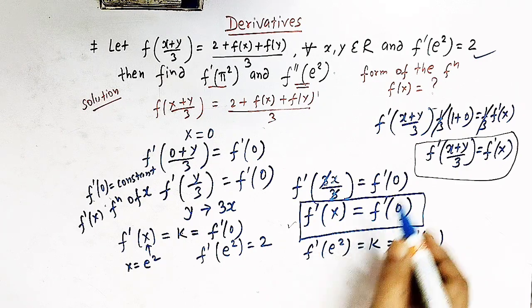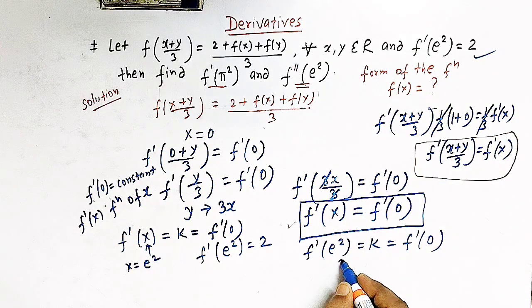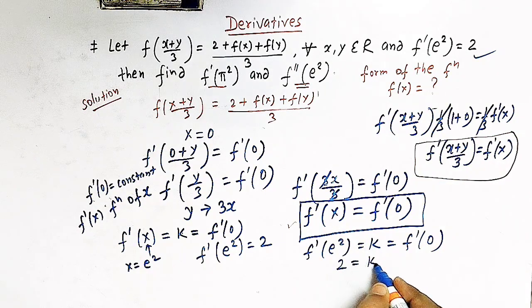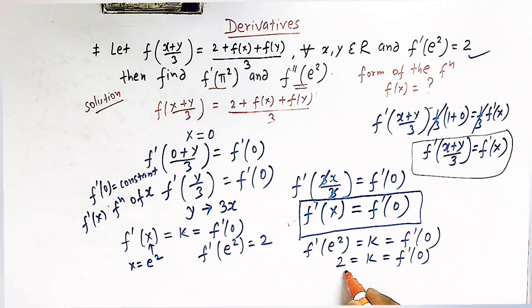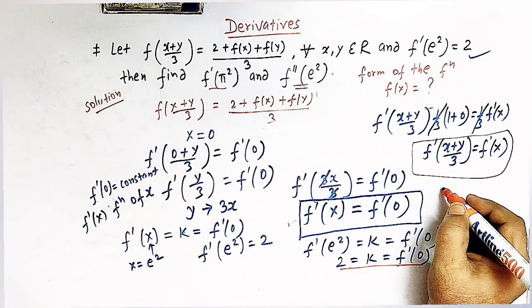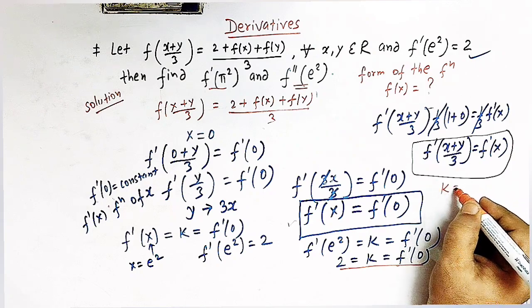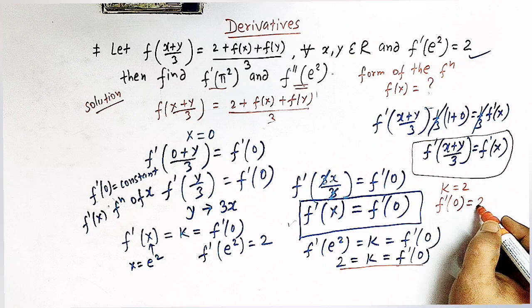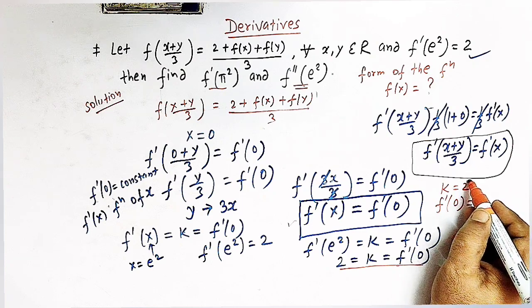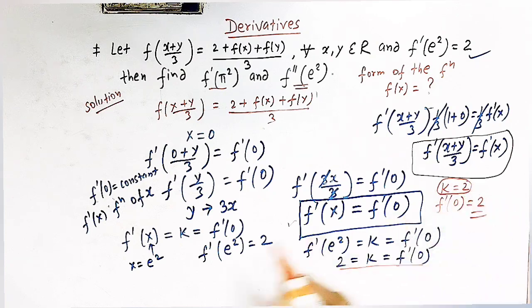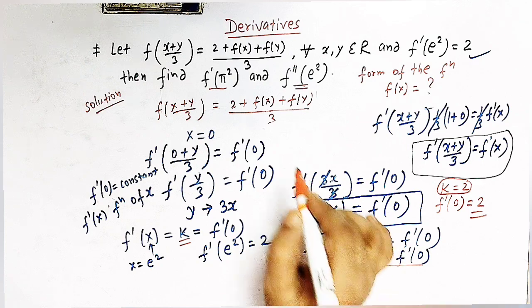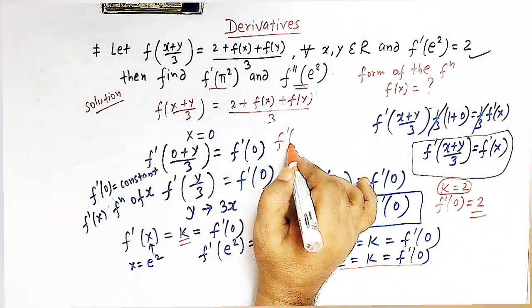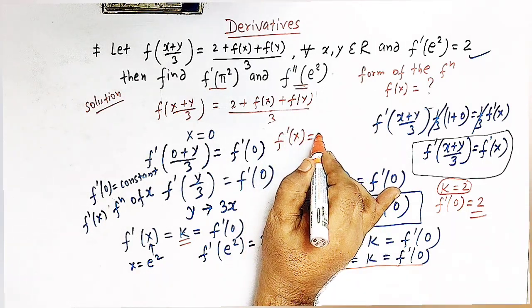And f prime of e square is given as 2, so we can write 2 here, and we have k, and this is f prime of 0. So now from here we see that the value of k is equal to 2, and f prime of 0 is also equal to 2. So let us substitute this value of k is equal to 2 over here. So we get f prime of x is equal to 2.